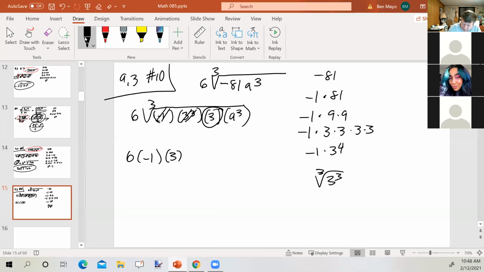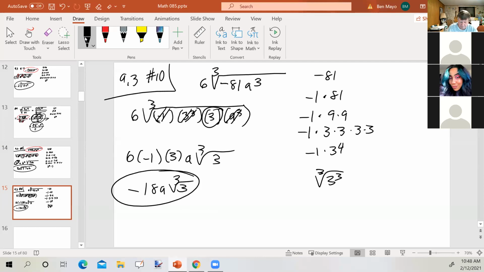This is not going anywhere. What's the cube root of a cubed? A. Yeah. All right, cube root of, sorry, 3. Okay, so what have I got? I've got -18a cube roots of 3. All righty. Any questions there before we go on?